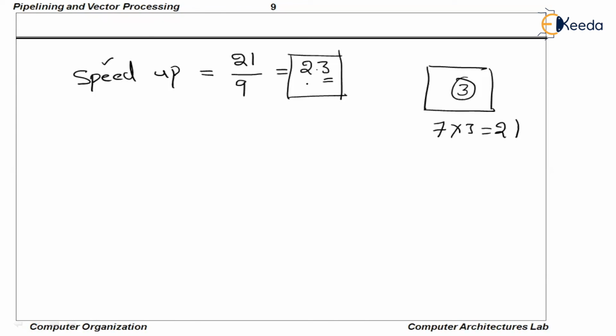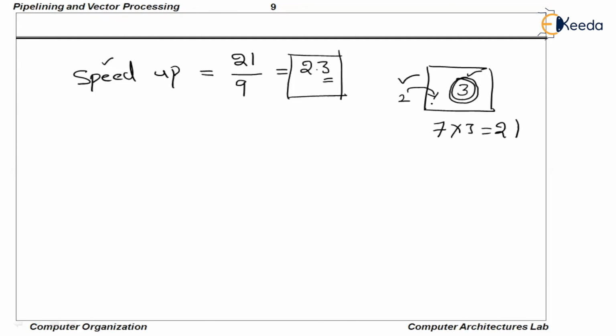When you pipeline a system, the throughput will definitely be increased, because a corresponding non-pipeline system without segmentation is going to consume as many clock cycles as it requires to execute one instruction. The second instruction that wants to enter the system has to wait till the first instruction finishes. Then only the second instruction will enter, right?